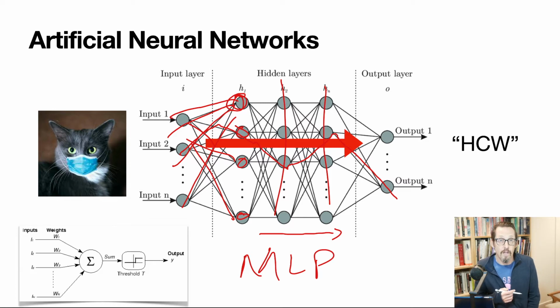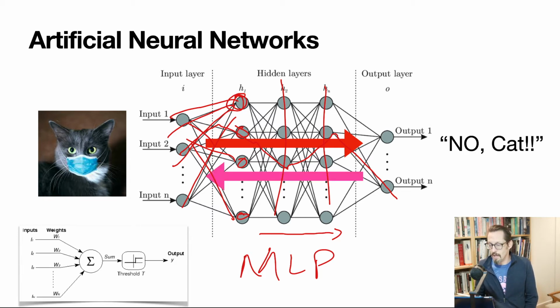It says this is a healthcare worker. And you tell the multi-layer perceptron, no, bad perceptron. What we have here is a cat, not a healthcare worker. So this produces an error signal which goes backwards through these neural networks and tries to change the connections between the neurons to make it produce the desired output, cat. So that's the method.